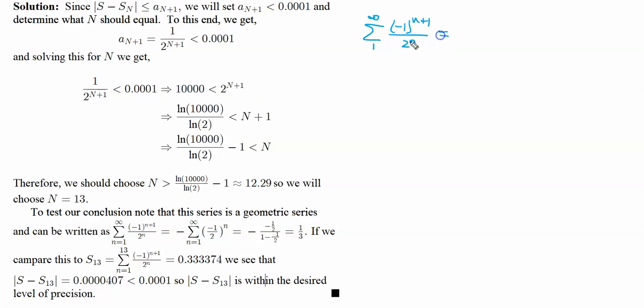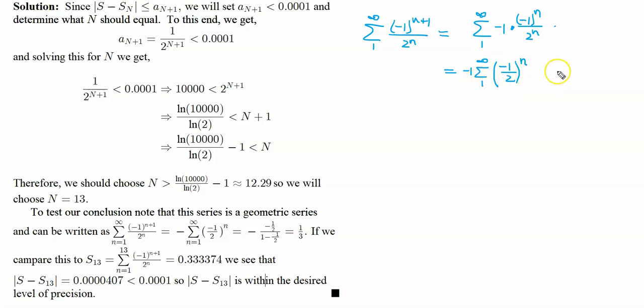Let's just note that we can write this as a geometric series, so it actually can be written like this. Notice we just took one of these negative ones away, so we have an n in the exponent here and an n in the exponent here, and now we can write that as, put that negative out front there. And now you see this is a geometric series that starts at 1, not 0.